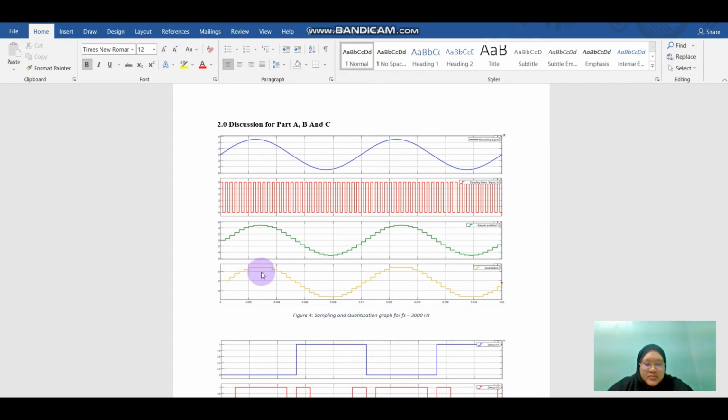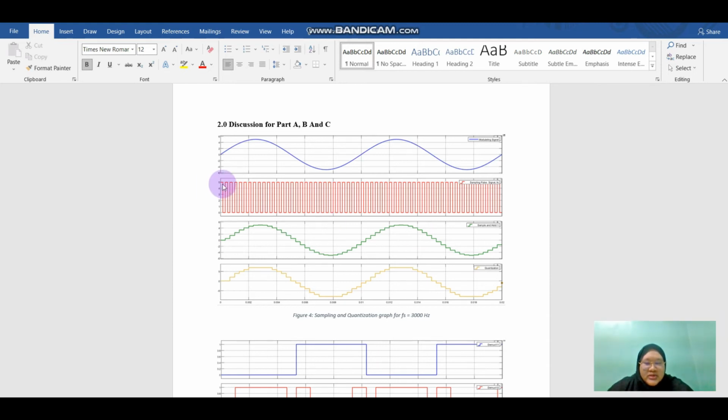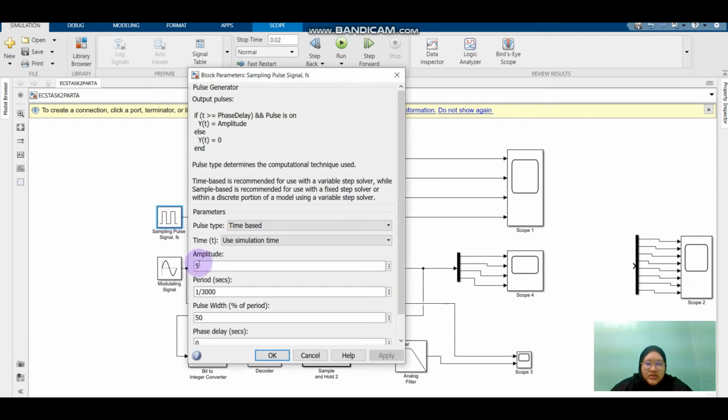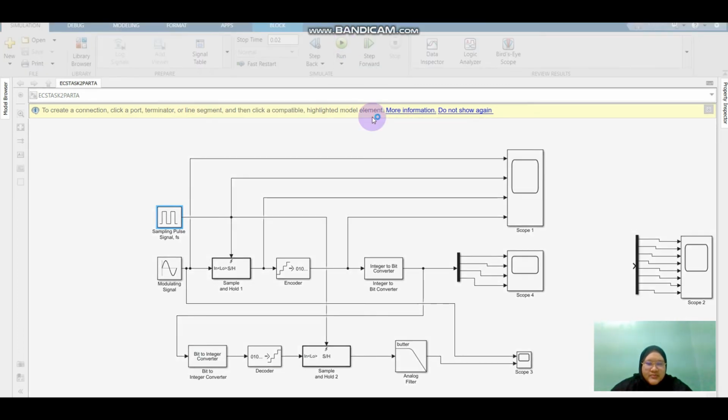It is because there are more samples per cycle of the modulating signal. So for discussion, just to analyze the quantization level, I've set the sampling frequency to 300 Hz. So the period is 1/300. So we're going to run for 0.02 second.